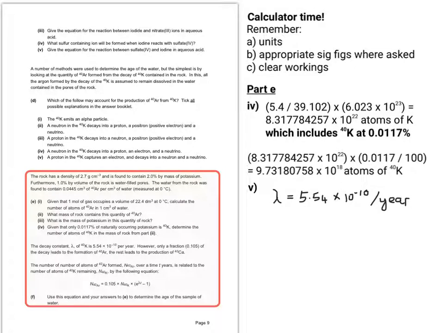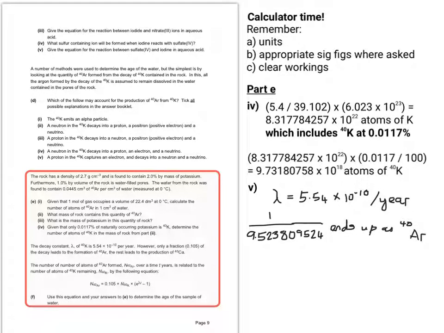So this next part introduces the decay constant of potassium-40. So this can be used to work out the age of the water. But only a small fraction actually ends up as argon-40. So the number of atoms of argon-40 is related to the number of atoms of potassium-40 remaining.